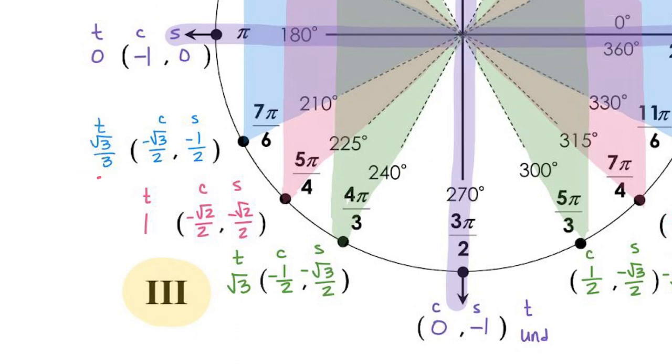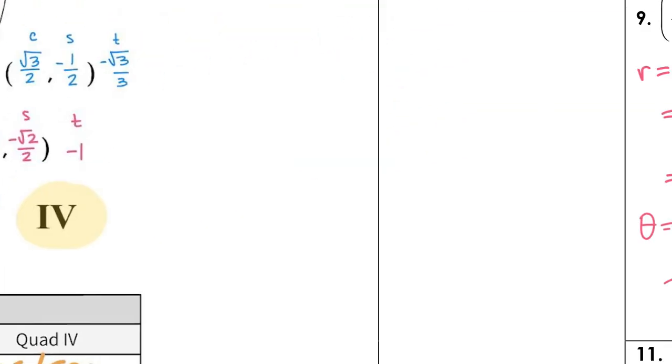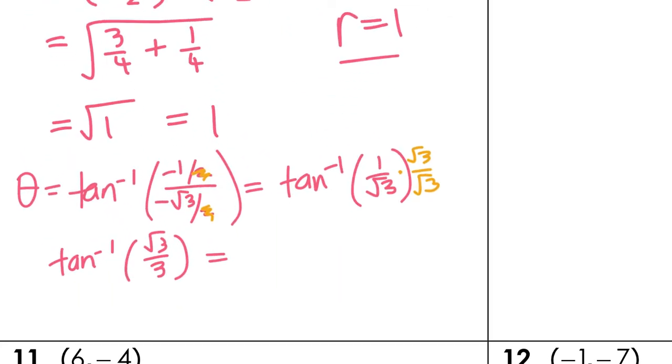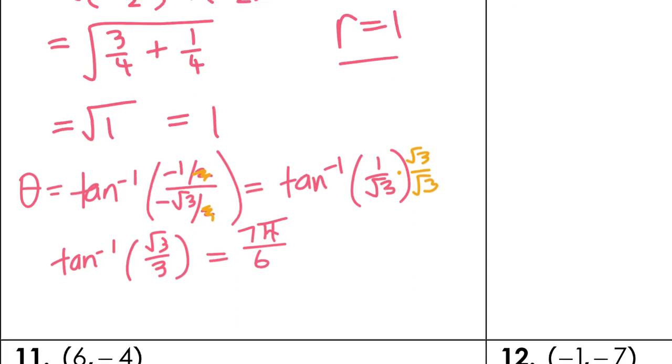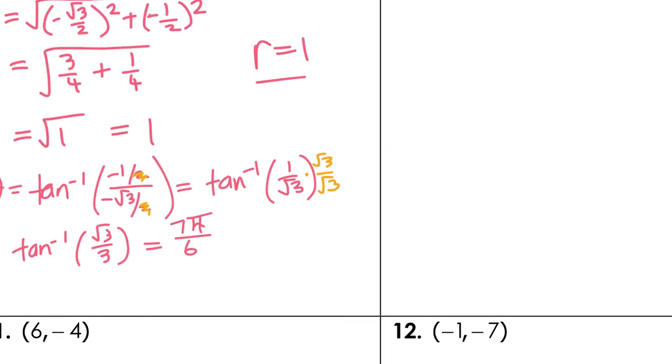So that goes with 7 pi over 6. So that's our answer, that's our angle. So our polar coordinate is 1 comma 7 pi over 6.